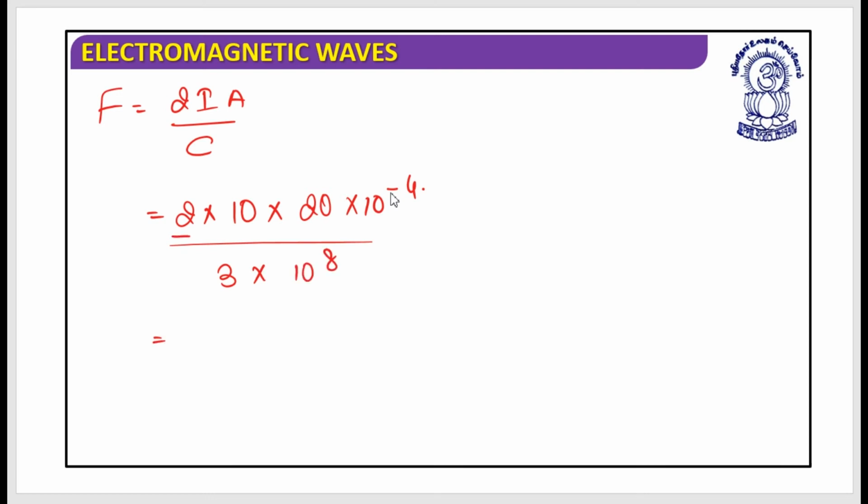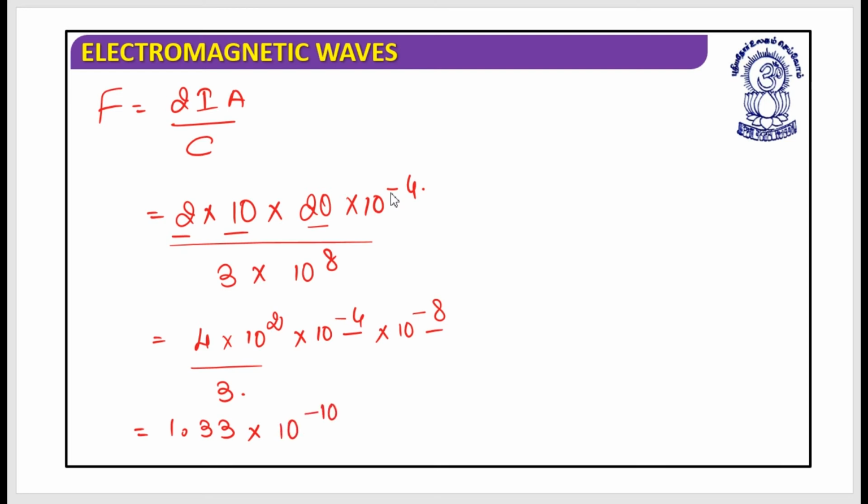So this is 2 into 10, which is 20, 20 into 20, which is 400, which is 4 into 10 to the power 2, multiplied by 10 to the power minus 4, multiplied by 10 to the power minus 8, divided by 3. So this is 4 by 3, which is 1.33, multiplied by 10 to the power minus 4 minus 8 plus 2, which is minus 10. So F is 1.33 into 10 to the power minus 10 Newton. I hope this is clear.